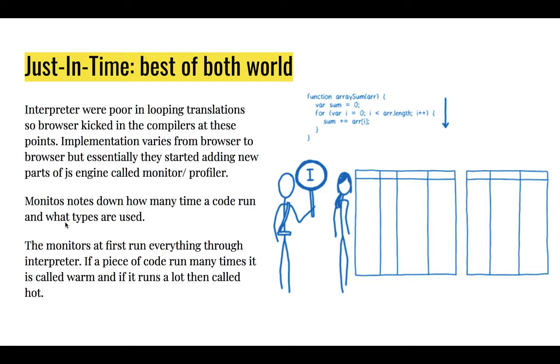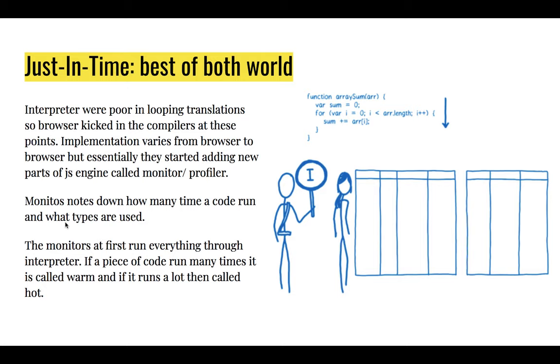Okay, so what we did with JavaScript, we took the best of both worlds. We integrated something called a monitor or profiler into the JavaScript engine. What it does, first of all, is that every piece of code is run through the interpreter.